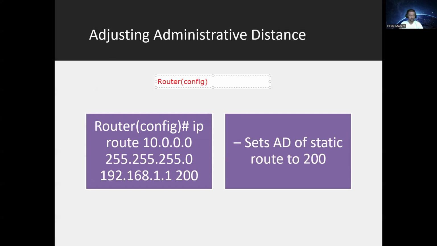The first command will be IP route, then 10.10.10.0. That will be the destination, if you guys remember. Then the net mask, 255.255.255.0. Next hop IP address, 192.168.1.1. And then the administrative distance of 200.